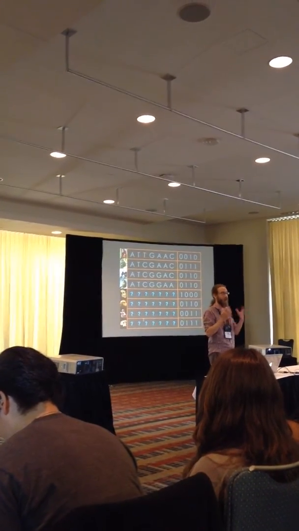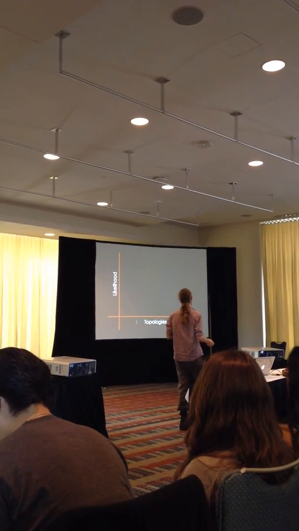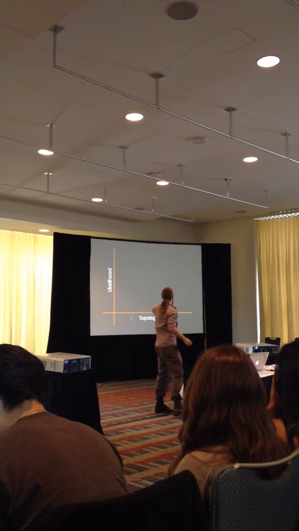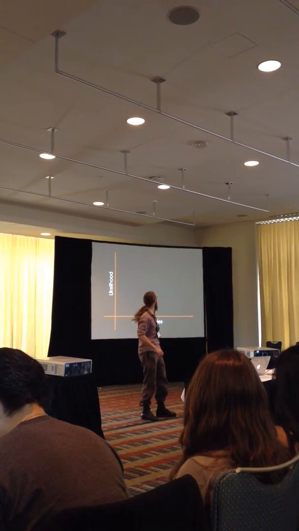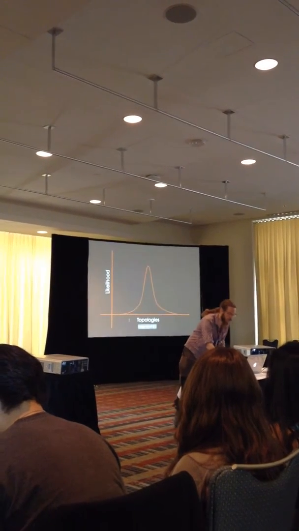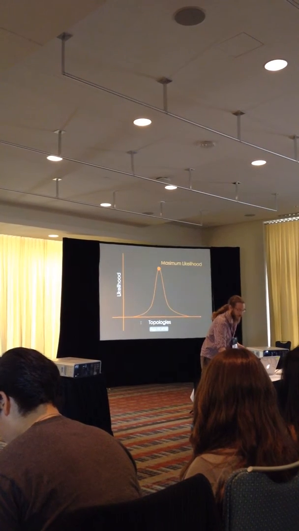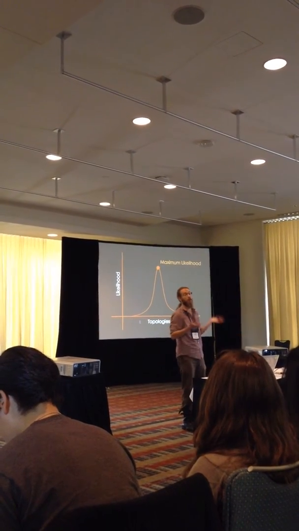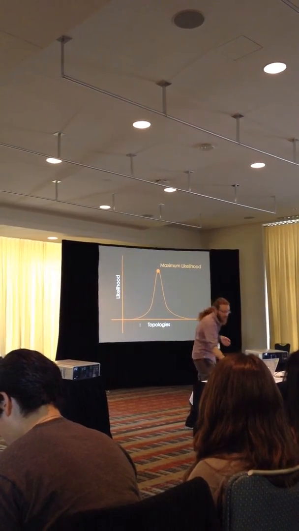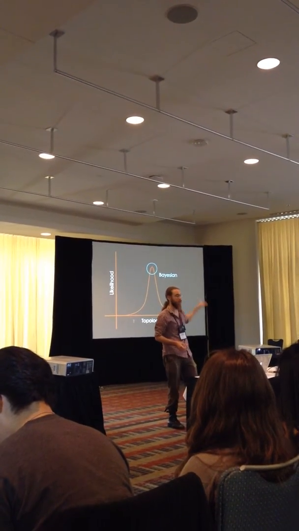Just to explain what I mean by likelihood landscape: if you plot the likelihood on the y-axis and the different topologies on the x-axis, you will usually have something like that, where your maximum likelihood tree is the likeliest tree, obviously, and in Bayesian you will have a high probability of sampling trees in this region.